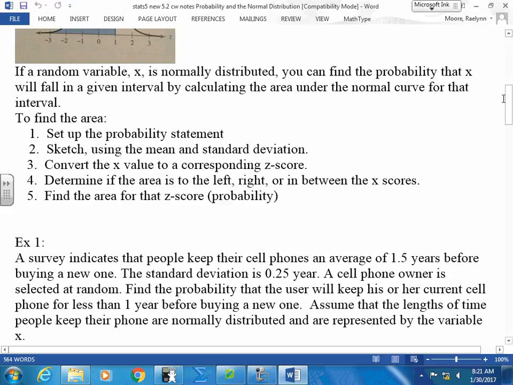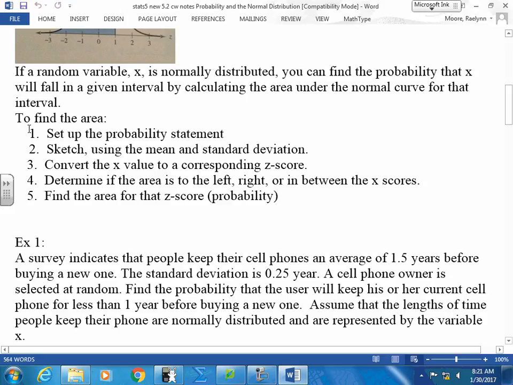Okay, when they talk about these, see the word normally distributed up here? They will always tell you that your curve is normally distributed. In a little while, we'll discuss when they don't have to tell us that. Generally, when your n is greater than or equal to 30, they don't have to tell you normally distributed. But right now, they're going to tell us normally distributed.